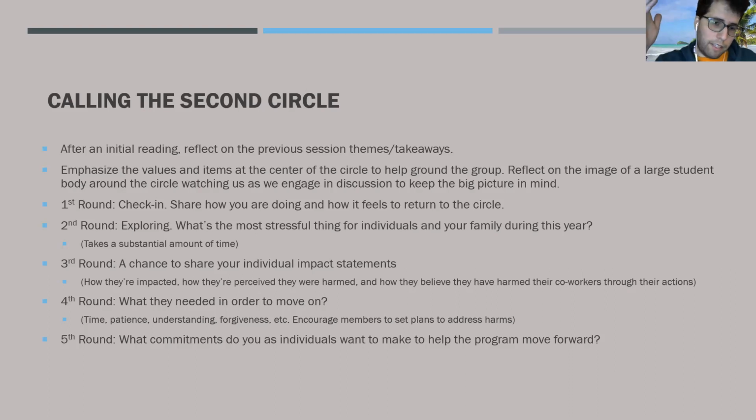That can be a lot of different things that people speak to, right? Time, patience, understanding, forgiveness, etc. And we want to encourage people at this point, since they've heard folks that have pointed to them as part of the harm, now you can encourage members to maybe set plans to address the harms for themselves, as they hear others speaking.